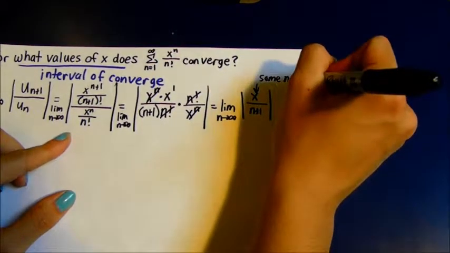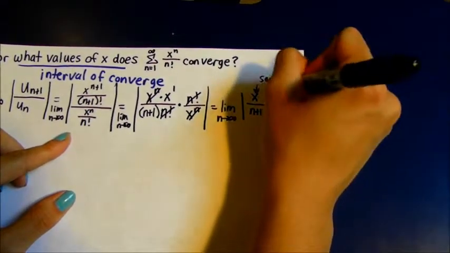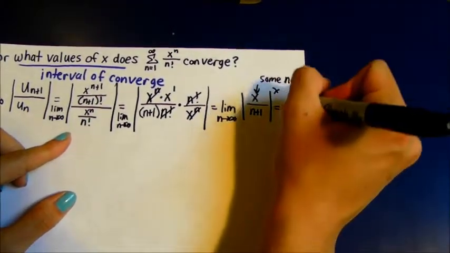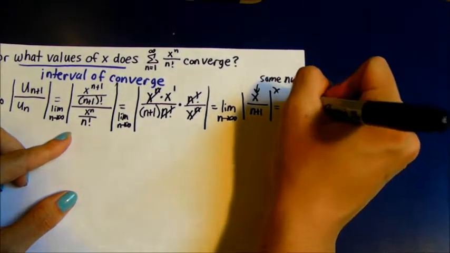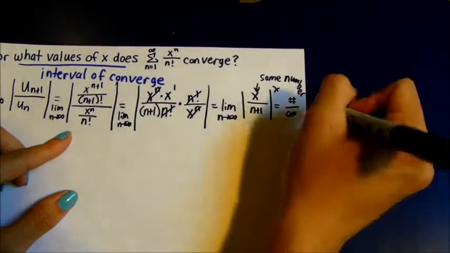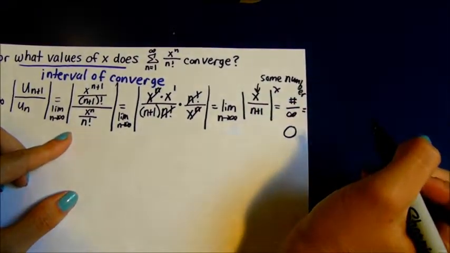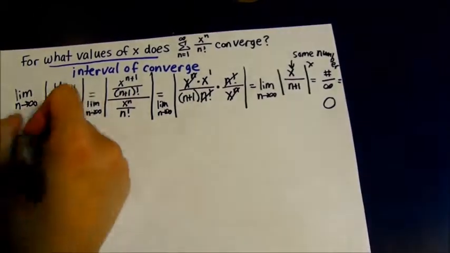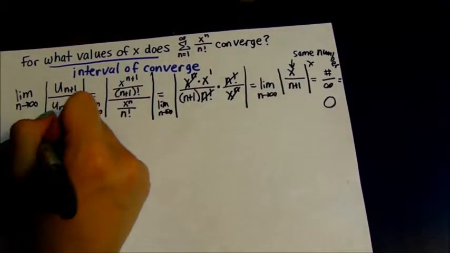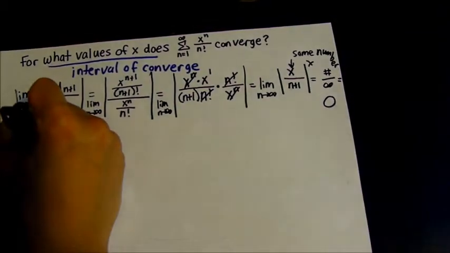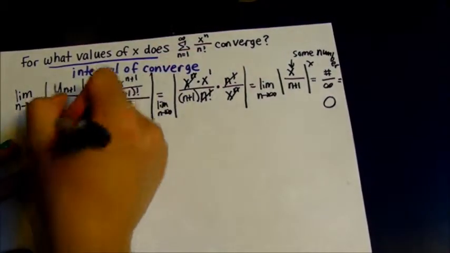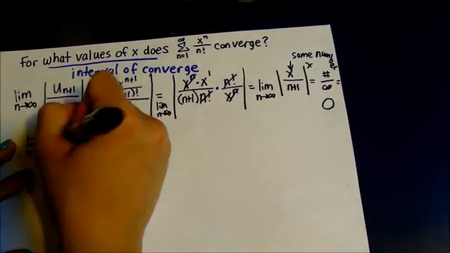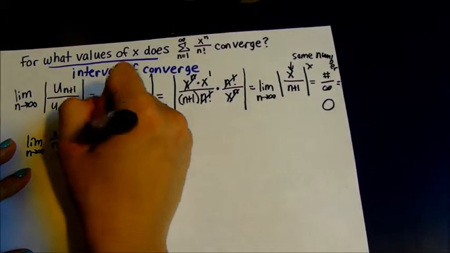So what you're going to get is some number over infinity, and that is really just 0. And so because it is 0, that means the limit as n goes towards infinity for this power series, x to the n over n factorial, is going to approach 0.